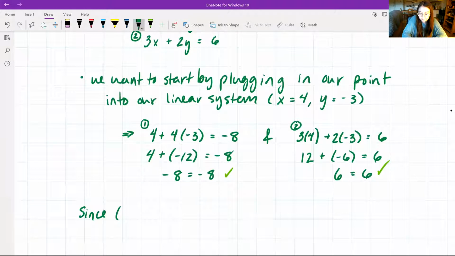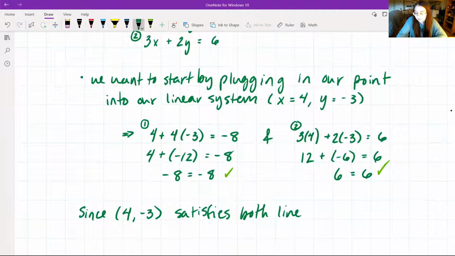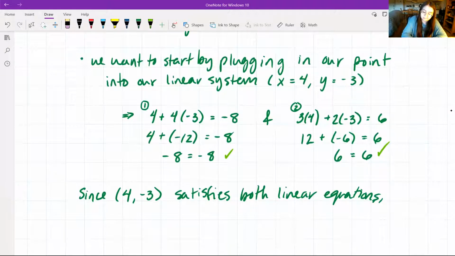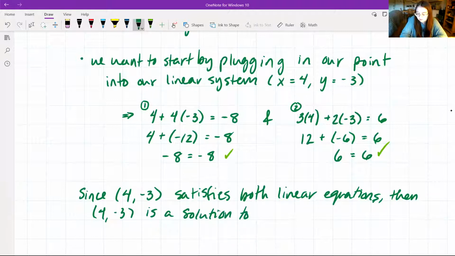So since 4, -3 satisfies both linear equations, then 4, -3 is a solution to our linear system.